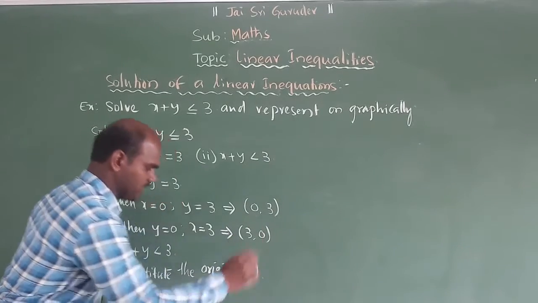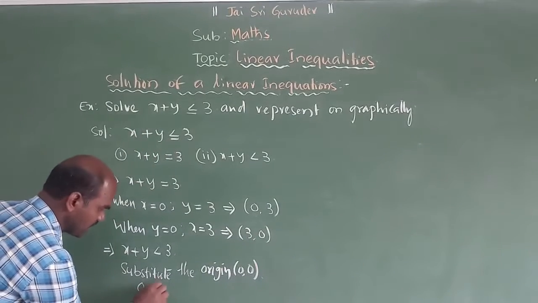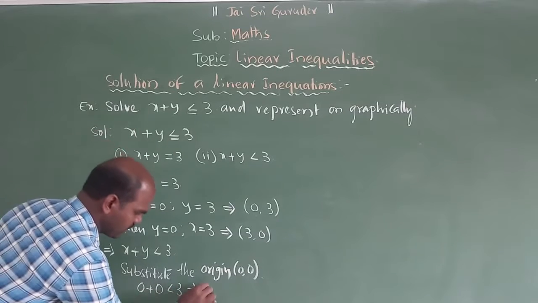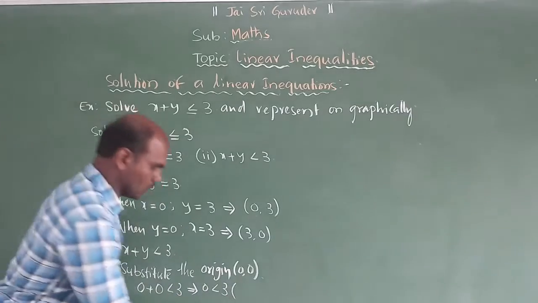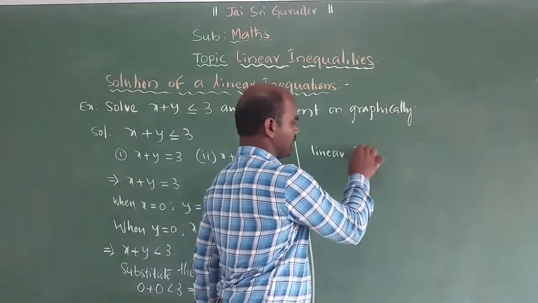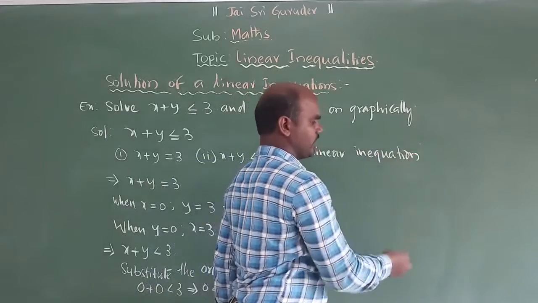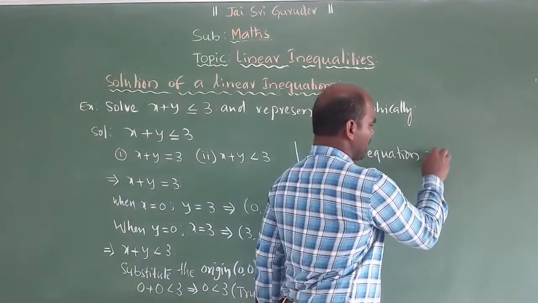Substituting, 0 plus 0 less than 3; 0 plus 0 becomes 0, so 0 less than 3. Is it true or false? True. So the inequation includes the origin.